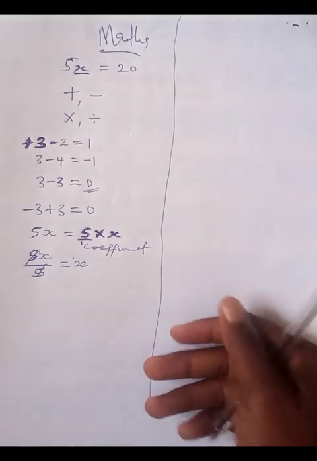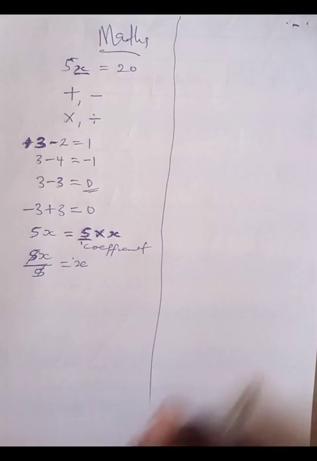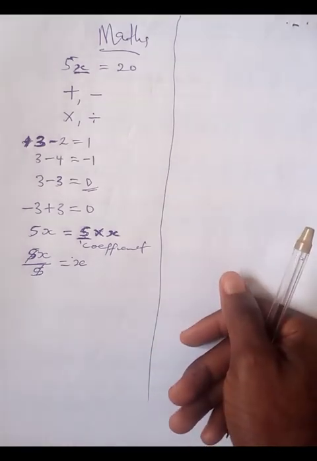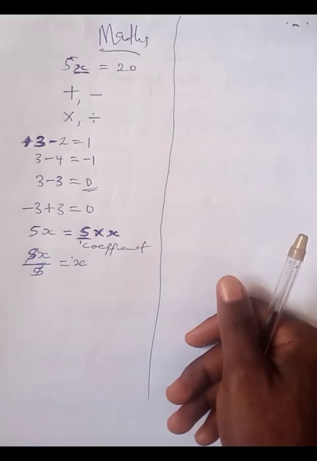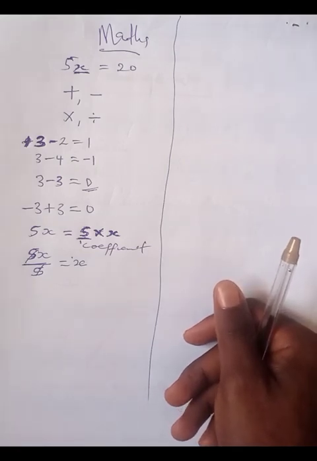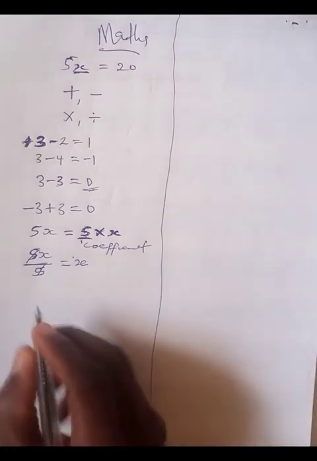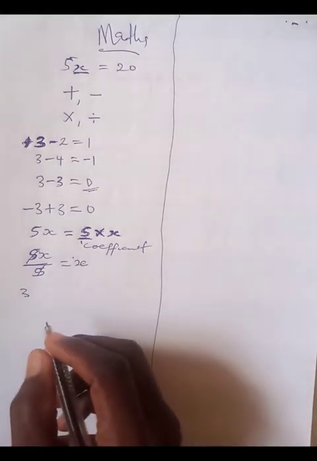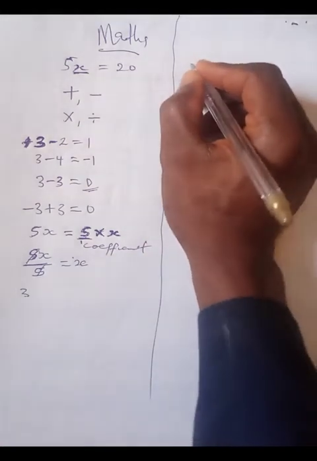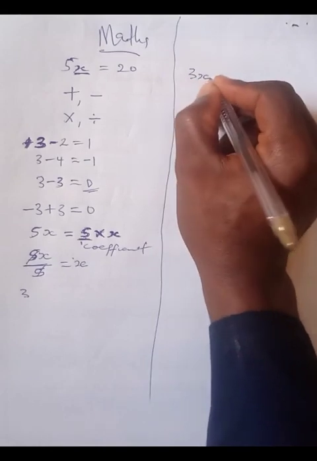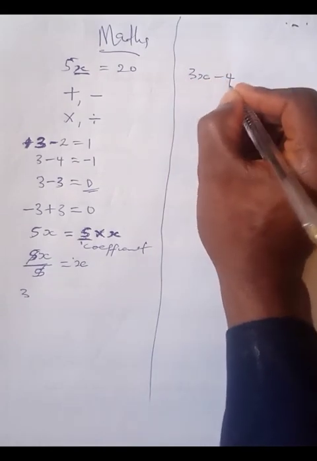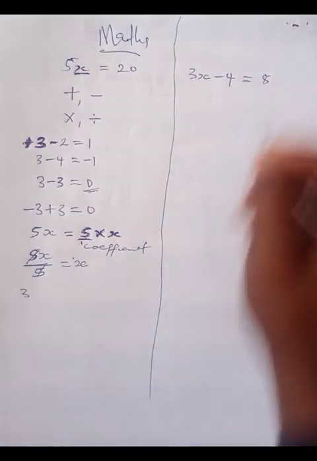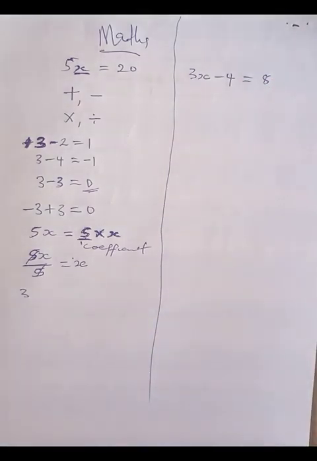Let's proceed. Let's bring examples from our last lesson assignment. From our assignment in the last class, we have three. Let me write at the top. We have 3x minus 4 equal to 8. Let me explain this better to you, because math is simple.